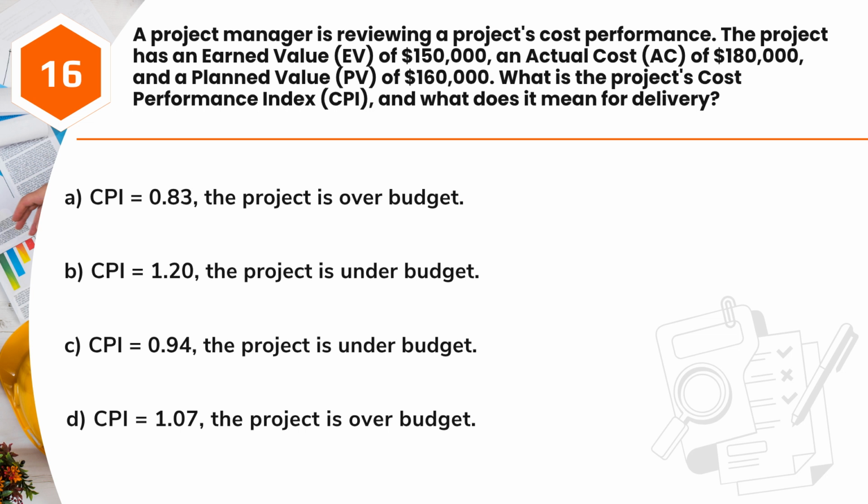A. CPI equals 0.83, the project is over budget. B. CPI equals 1.20, the project is under budget. C. CPI equals 0.94, the project is under budget. D. CPI equals 1.07, the project is over budget.